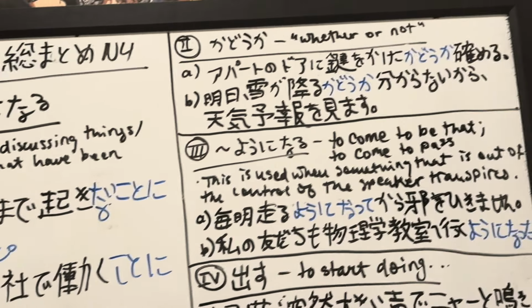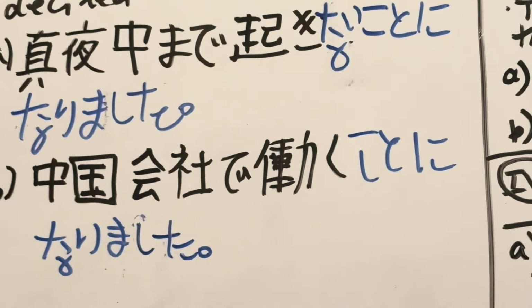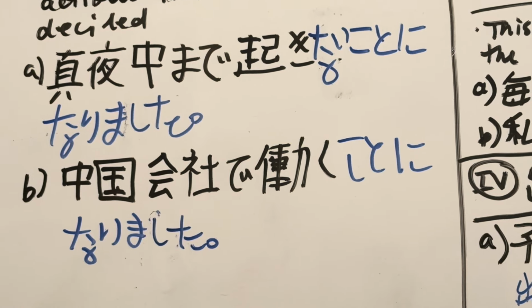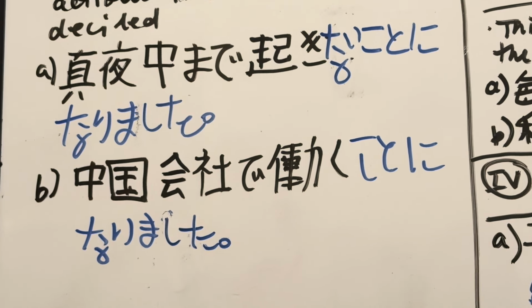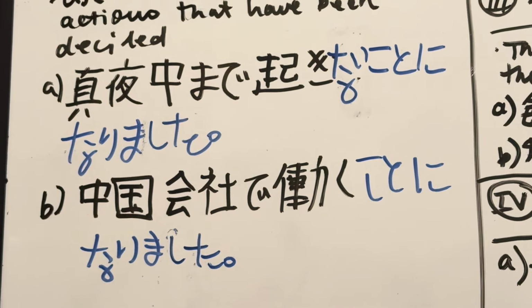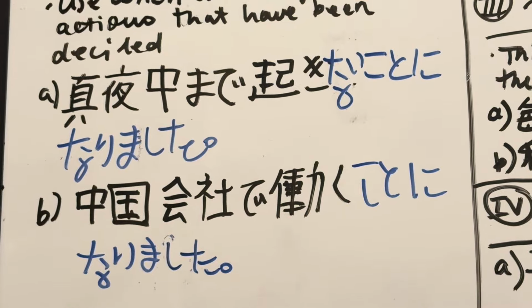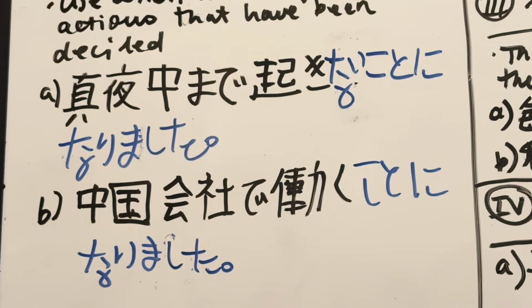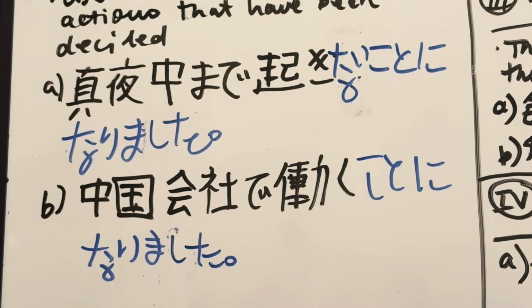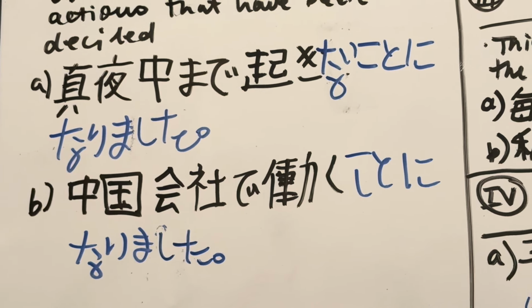Then we have, I think, a better translation is a note here for the second sentence. It would be more appropriate to say for the second one, it has been decided that someone else will work at this company. Because koto ni naru also has that mood appended to it where you, the actor, aren't necessarily doing the things, but more or less it's a societal or environmental or circumstantial causation.